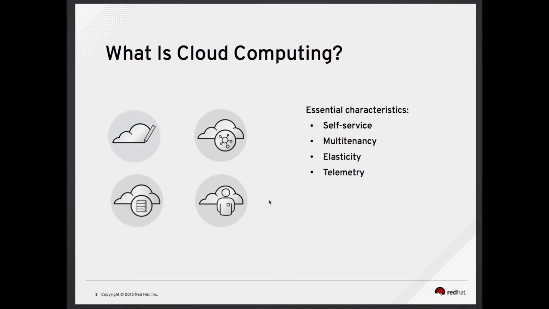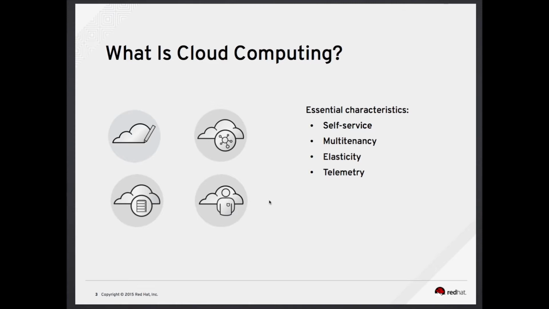Now, cloud computing has several essential characteristics. The first would be self-service. As I just mentioned, our goal here is to allow cloud consumers to provision those instances with their computing resources on their own. Another key is multi-tenancy, allowing multiple cloud consumers to share the underlying hardware.